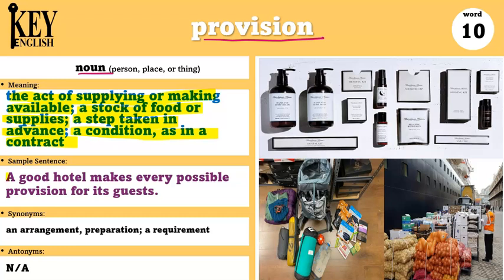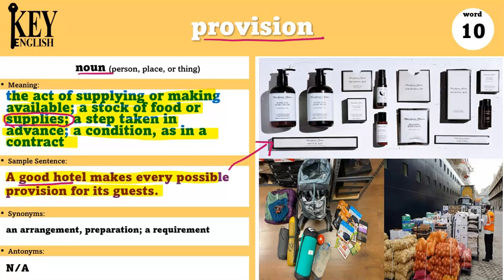The example says, a good hotel makes every possible provision for its guests. So when you go to a good hotel, there might be items like this. These are necessary items or necessary supplies that people need when they go somewhere.